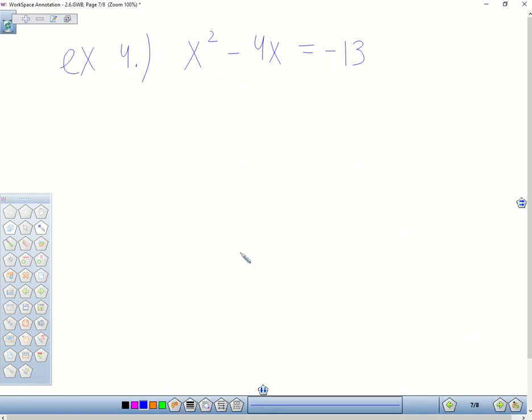Wait, what was the type of solution? Rational? It would be real rational. Okay. And how do you determine what kind of solution it is again? You look at the discriminant, which is the number that exists underneath the square root of your quadratic formula. And if you're not trying to do the quadratic formula, you would just do b squared minus 4ac from your quadratic.